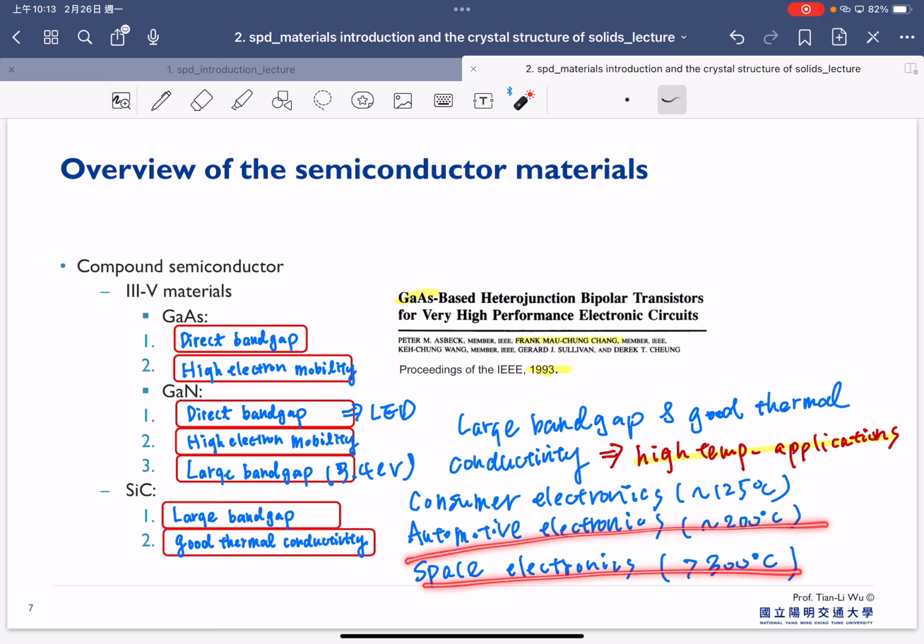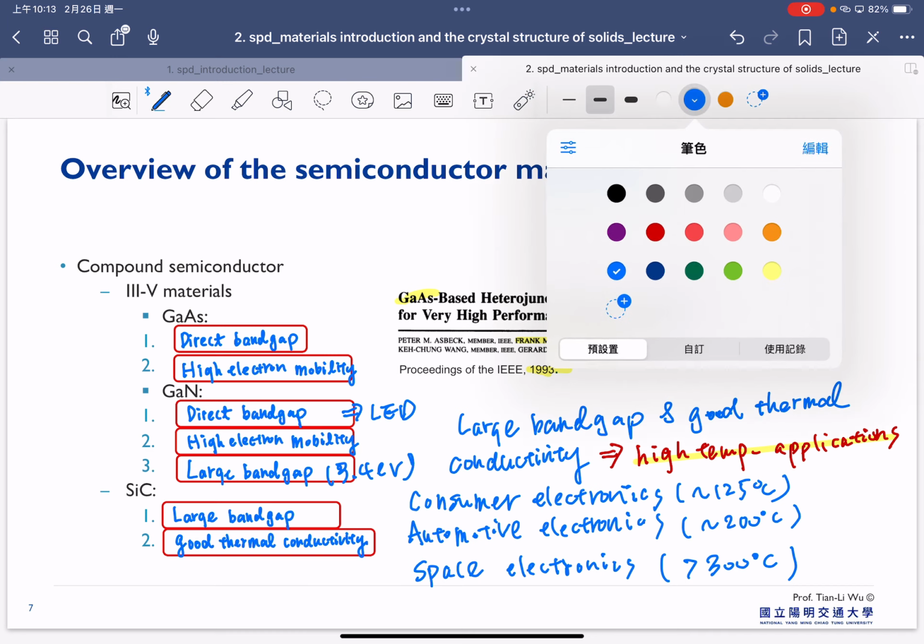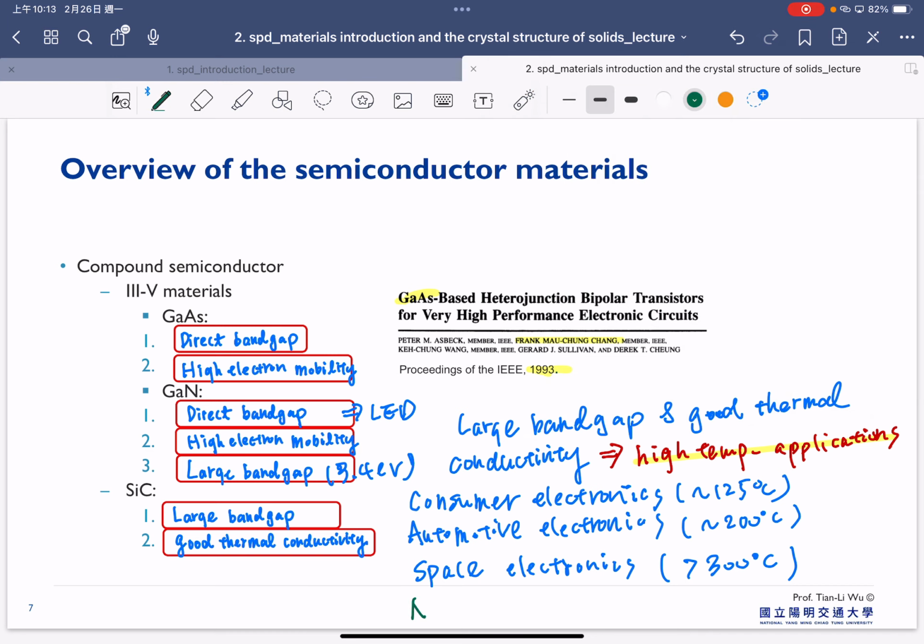And here is one example. If you check NASA's website, you will find a dedicated page talking about what kind of semiconductor they put in space exploration and in their space satellites.